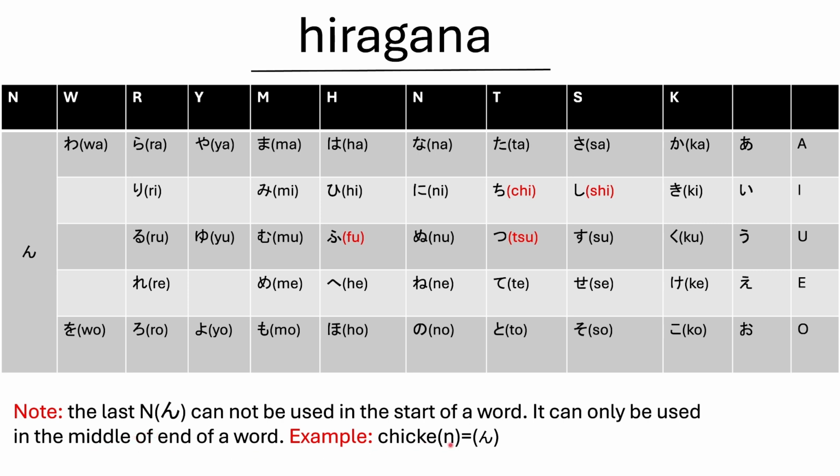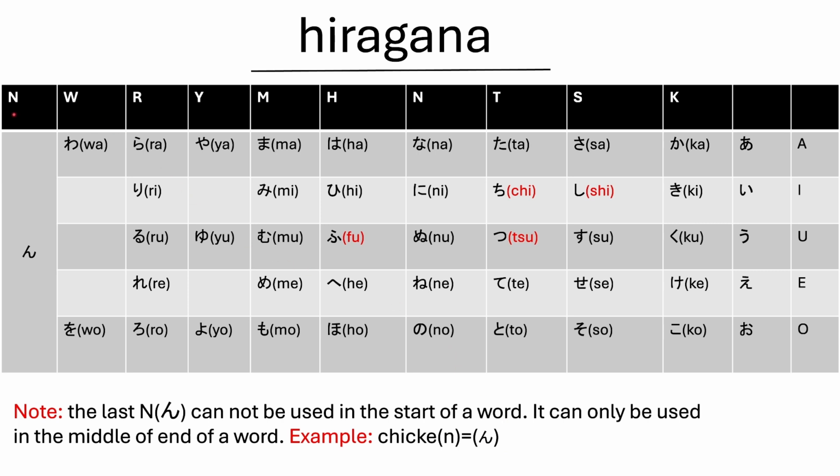For example, in chicken, the end n is supposed to be this n. You cannot use the other n's, like na, ni, nu, ne, no. You cannot use this column when saying chicken. You have to use this n because it's at the end of the word. So my bad.